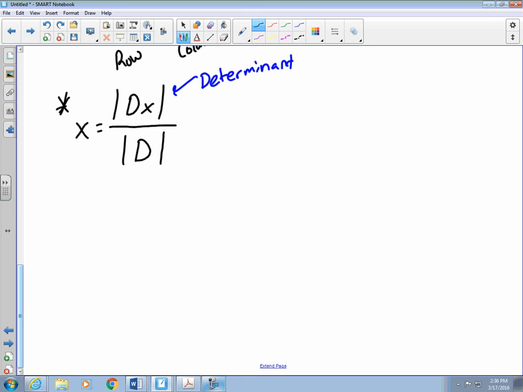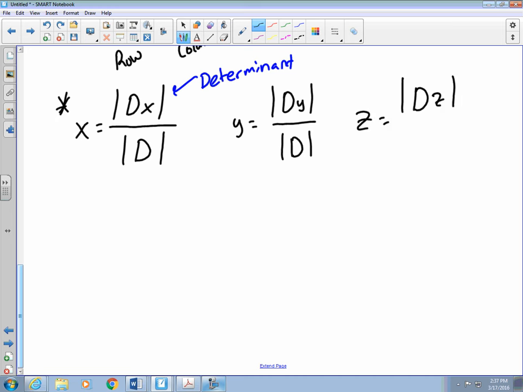And y is the determinant of Dy over the determinant of matrix D. And z is equal to the determinant of matrix Dz over the determinant of matrix D. So I have to teach you what a determinant is and what each one of these matrices are. To do that, we're going to use example number 12. So here's the system.